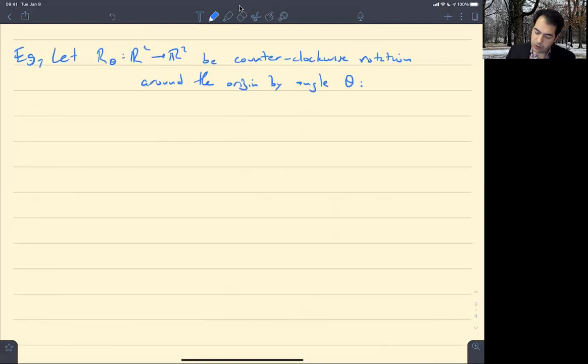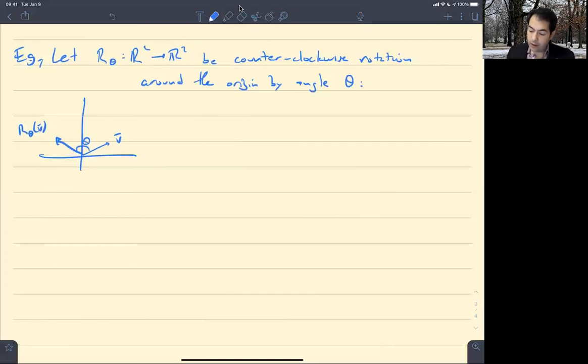Okay, so what does that look like? Well, if you give me some vector v, then I will rotate it. Let's pick the thing that is R theta of v, that angle is theta. Right, and so every vector just gets rotated this way.